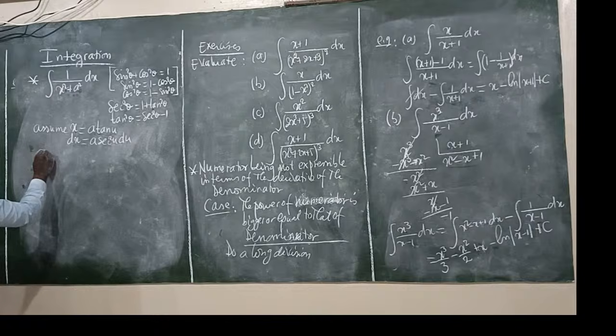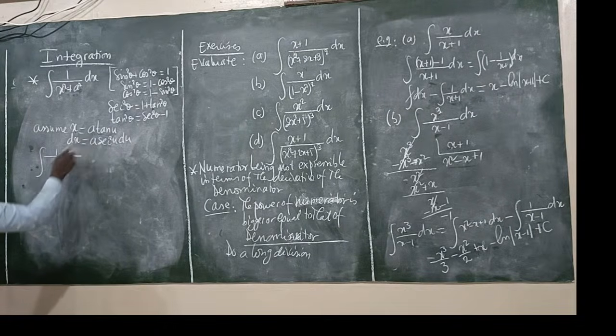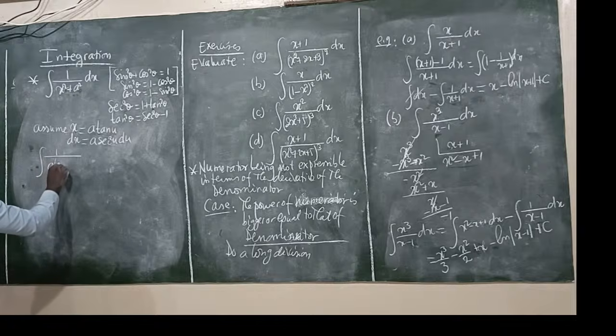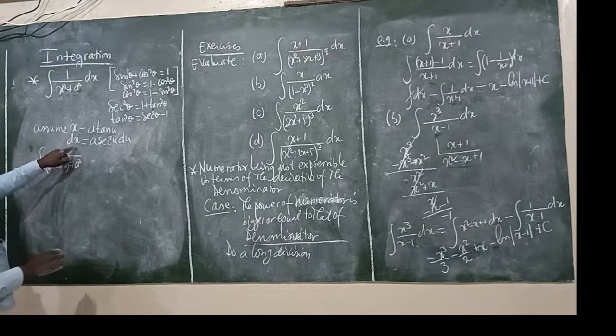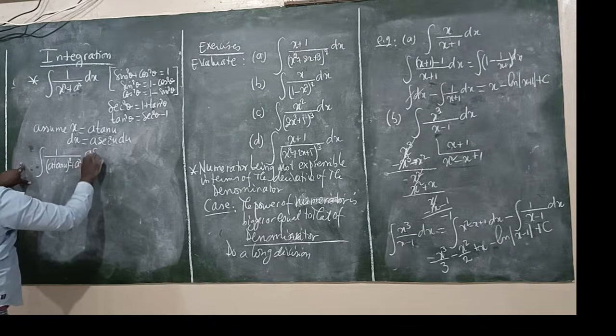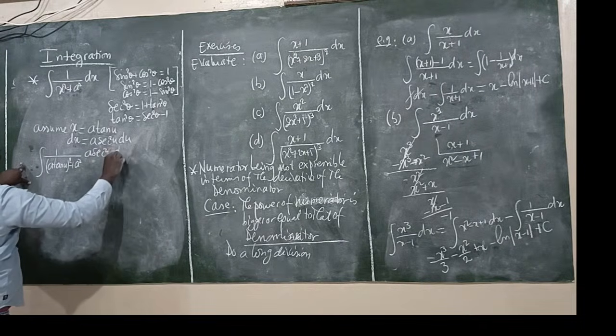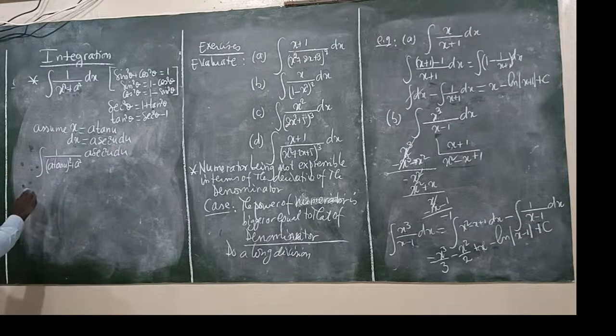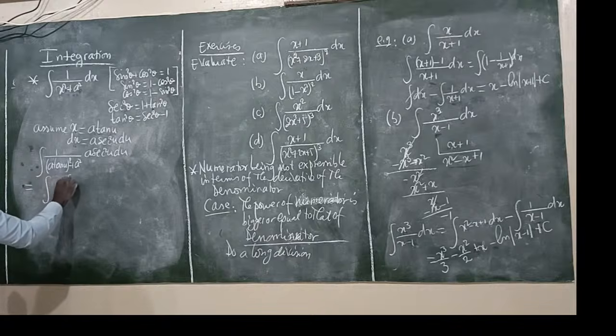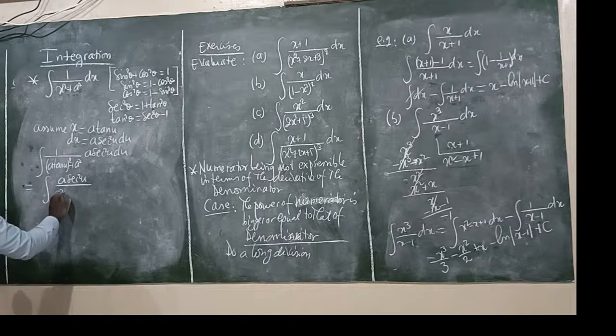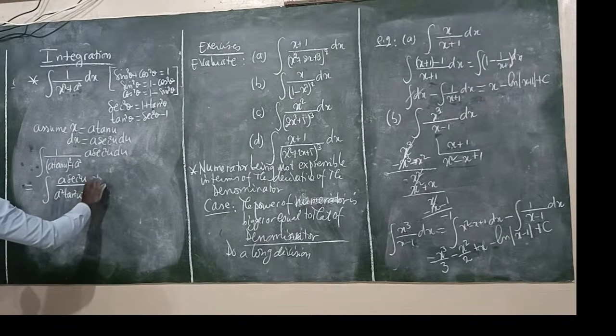That's where we have the integral of 1 by x squared plus a squared, here is a tan u squared plus a squared, dx is a sec squared u du. Now, this is the integral of a sec squared u du by a squared tan squared u plus a squared.